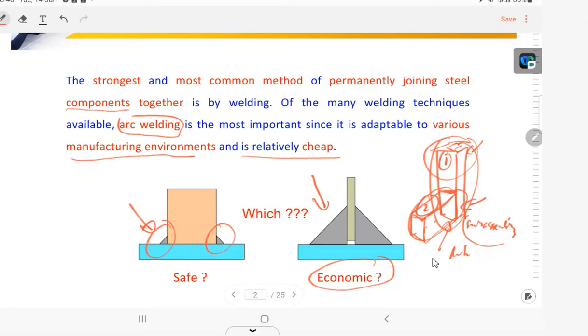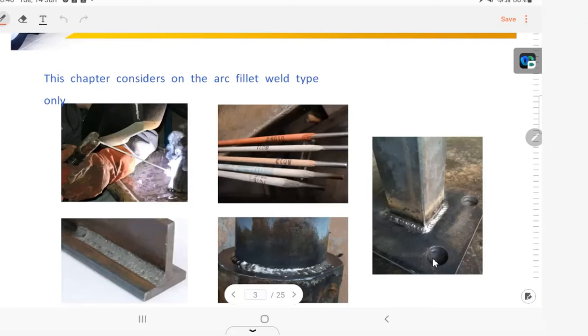So we have to think about both elements, safety and economics. This chapter considers arc fillet weld types only.